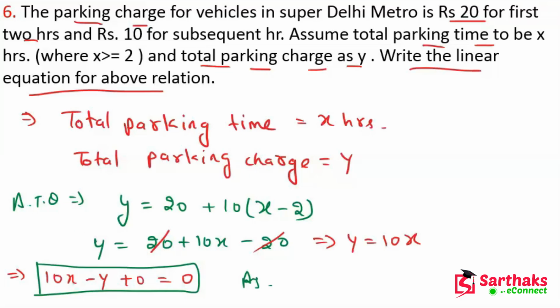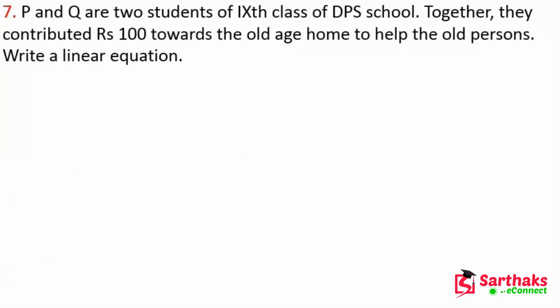So now let's see another question. P and Q are two students of class 11th of DPS school. Together they contributed rupees 100 towards the old age home to help the old people. Now we have to write the linear equation. This is a very easy equation, my dear friends.